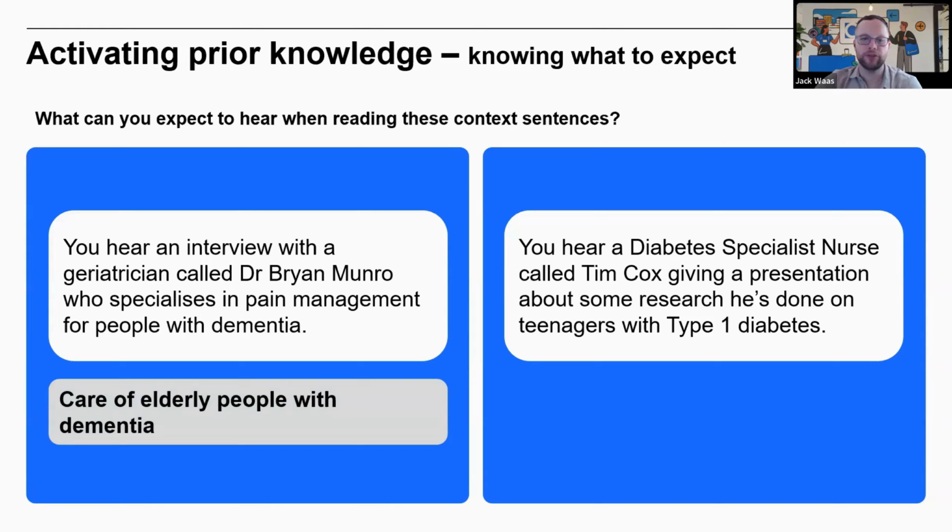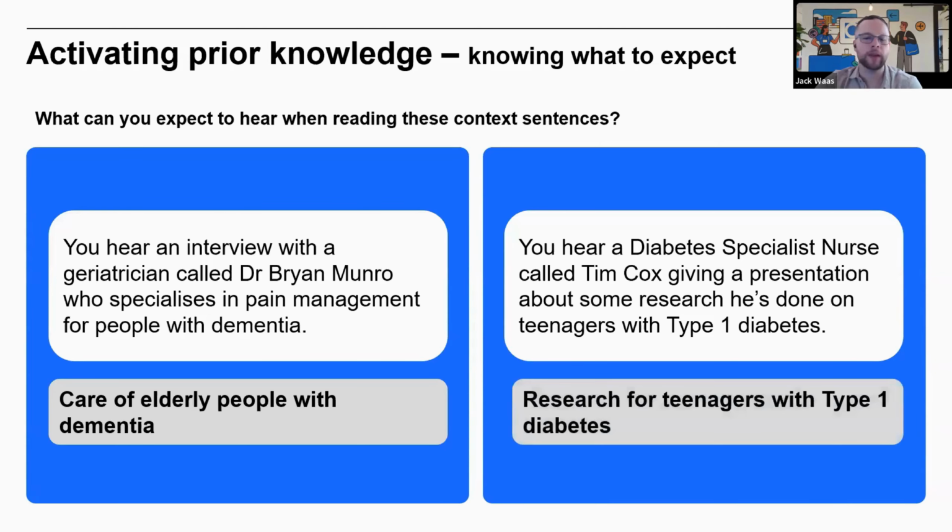And then number 2, you hear a diabetes specialist nurse called Tim Cox giving a presentation about some research he's done on teenagers with type 1 diabetes. What might we be listening to? Something about research for teenagers with type 1 diabetes, okay? Just to give your brain an idea of what it might be listening for, right? What are you listening for when you're hearing these context statements?